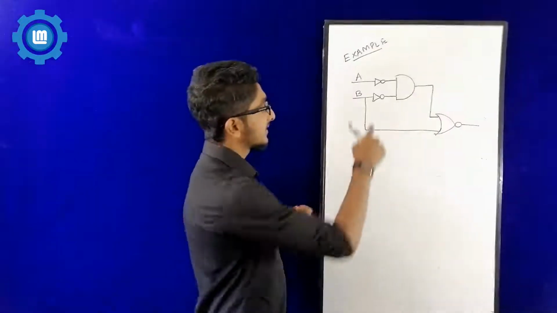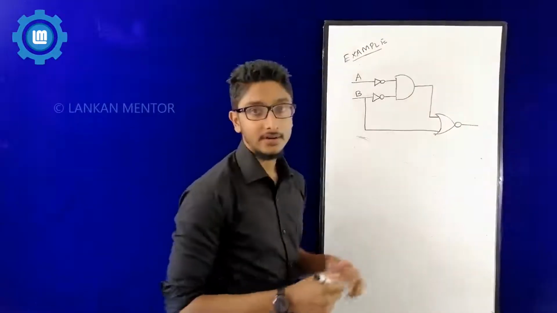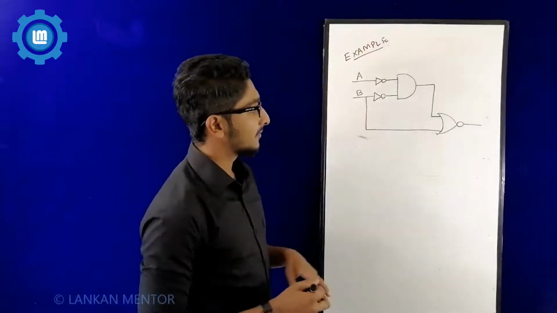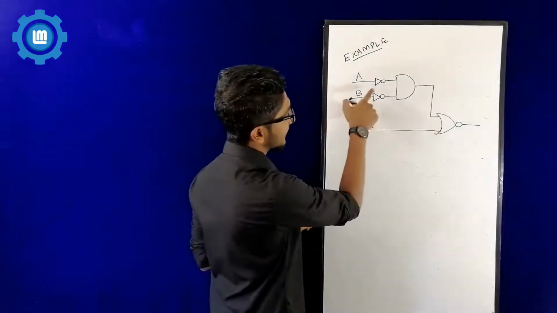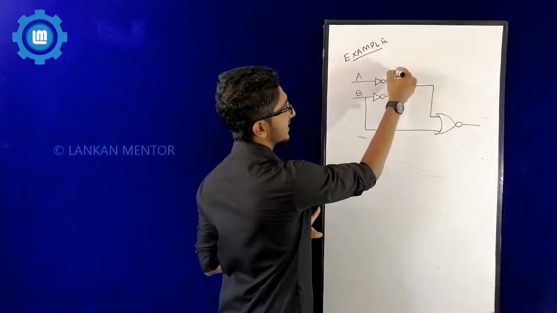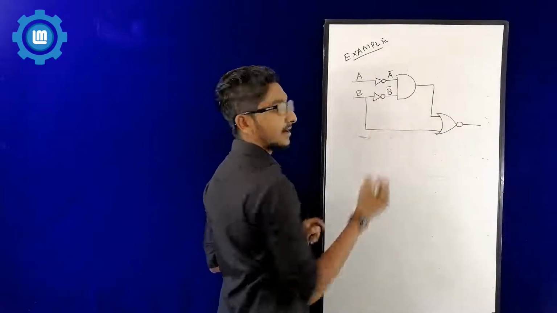This circuit has two NOT gates, an AND gate and a NOR gate, right? Now we'll find the output of this and draw the truth table. First we go through the NOT gate. A comes out of the NOT gate as A bar, B comes out of the NOT gate as B bar.